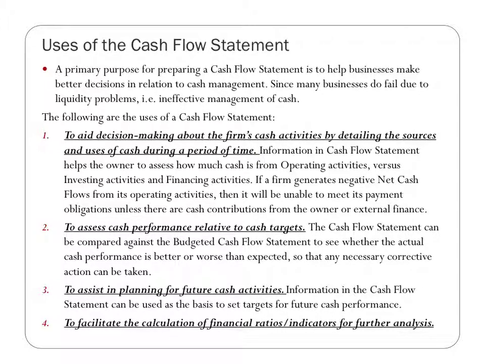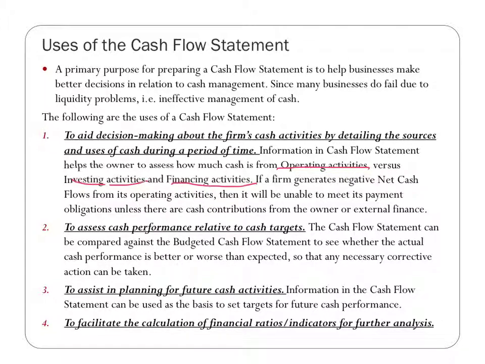Information in the cash flow statement helps the owner to assess how much cash is from operating activities versus investing activities and financing activities. If a firm generates negative net cash flows from its operating activities, then it will be unable to meet its payment obligations unless there are cash contributions from the owner or external finance.